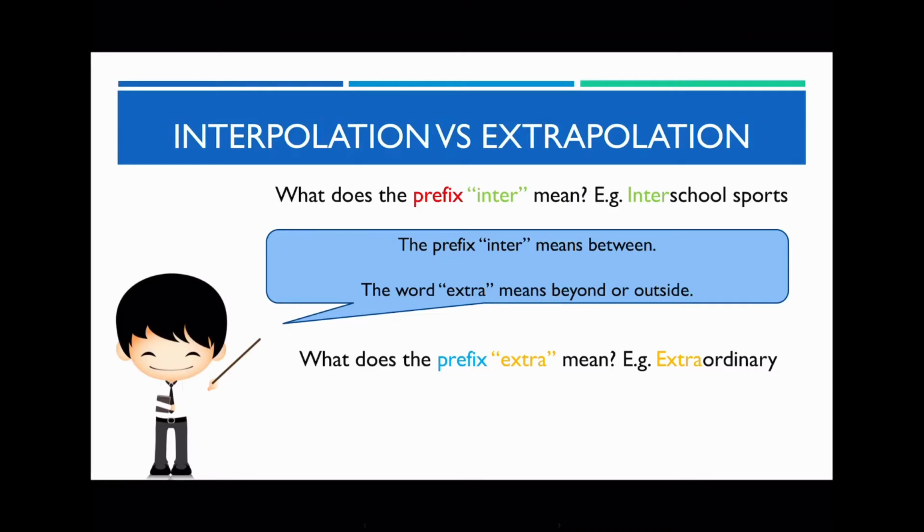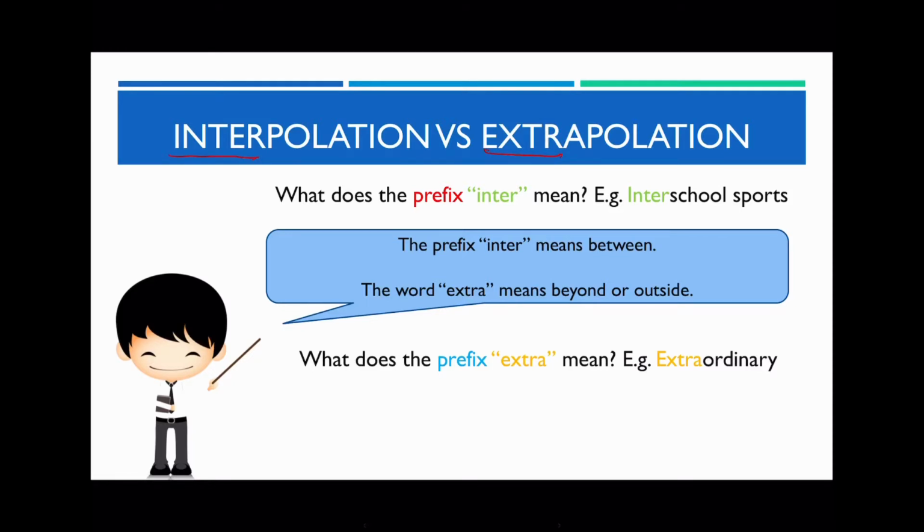You've got the words interpolation and extrapolation. What we're going to look at is the meaning behind the two prefixes, inter and extra. For instance, with the word inter-school sports, we know it means a competition between schools. So inter means between, and extra means beyond or outside.